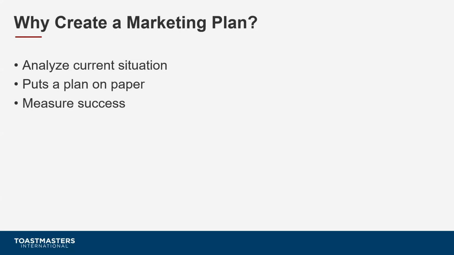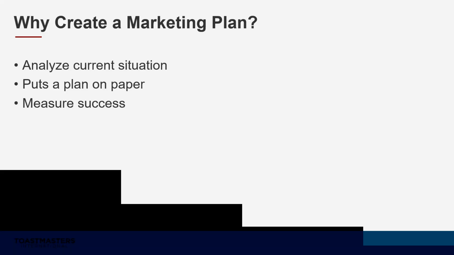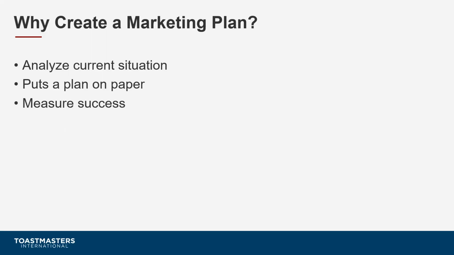And what you find as you go through your plan is by the time you're getting to measure success, you're actually analyzing your situation again. And now you've moved on to your next plan. And as you reflect back on all of your different marketing plans that you've put together, you should start to see this growth in success over this. So that is why we plan it out.